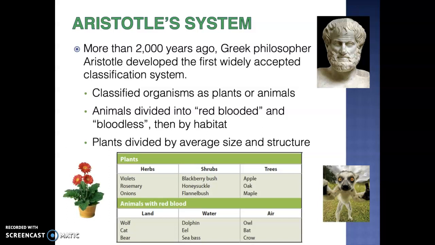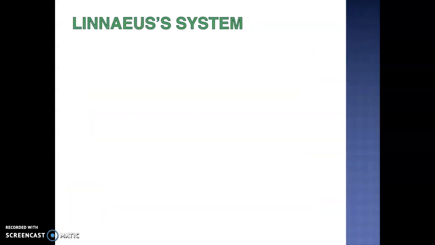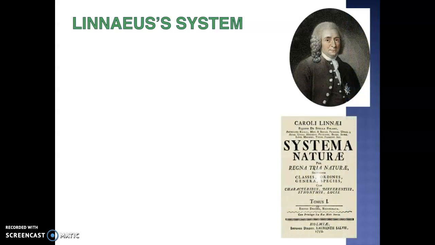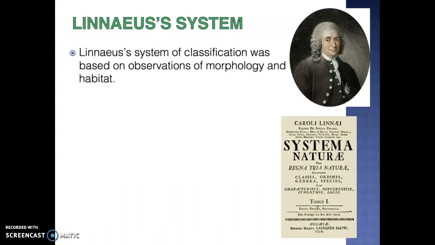All right, so the father of classification, his name is Linnaeus. And the system he came up with is called Systema Naturae. Linnaeus' system of classification was based on observations of morphology and habitat. Remember, habitat is where they live.